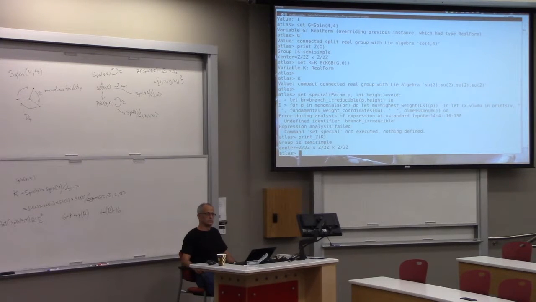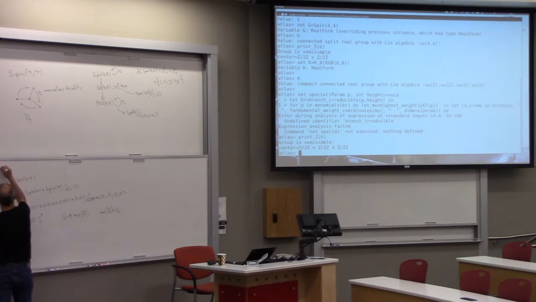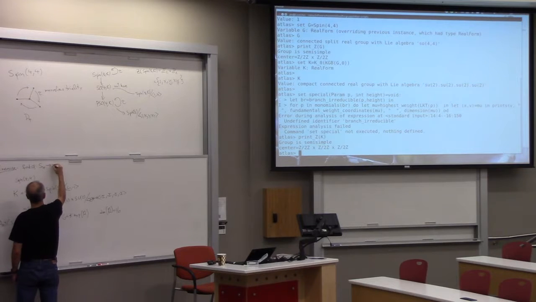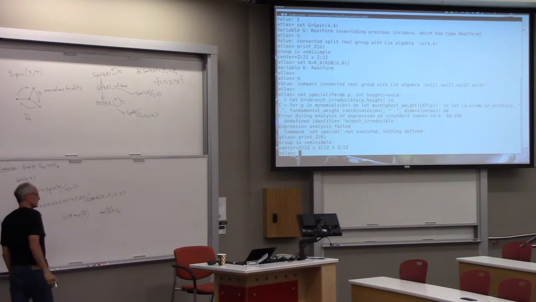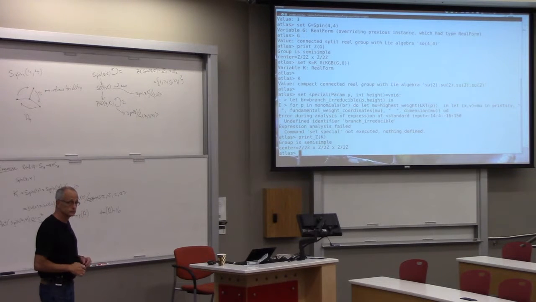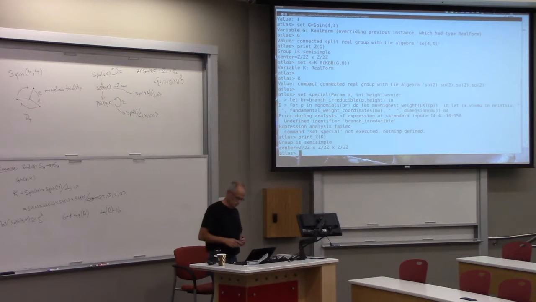It's a map from S4 to S3. Exercise. What is S3? The permutation group on 3 letters, realized as the automorphism group of D4. All right. Now, what comes next?